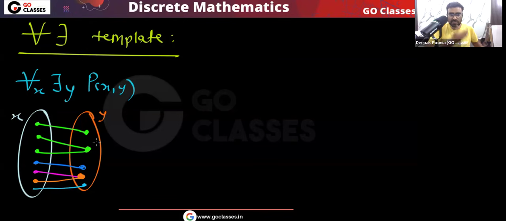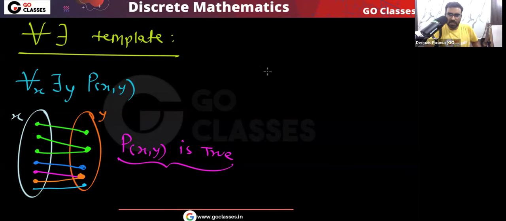For all there exist. So I hope you understood. Very simple, right? So you can see that for every element in the domain of x, there is some element in the domain of y such that this pxy is true.